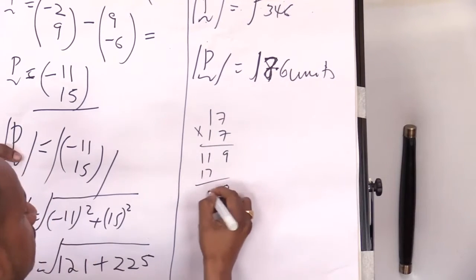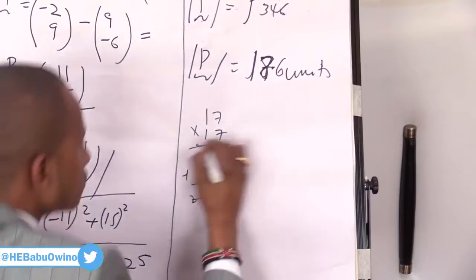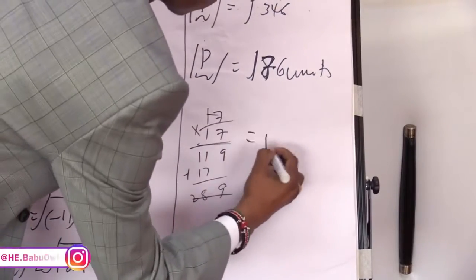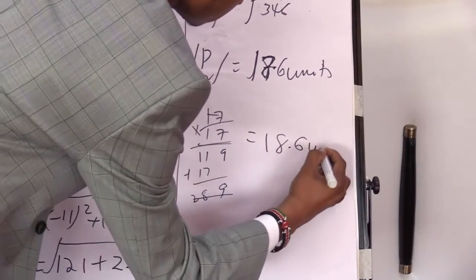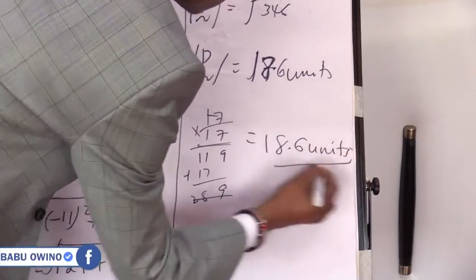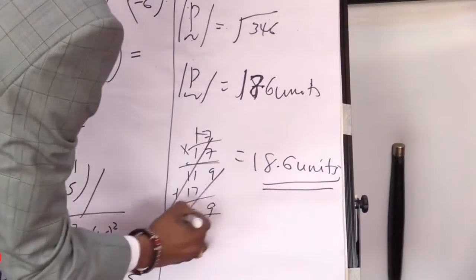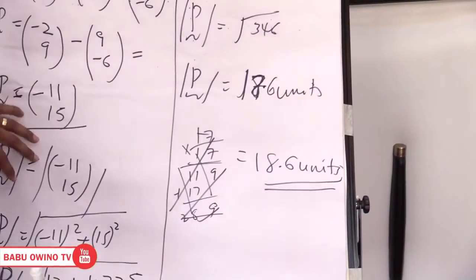This is 289. So it's not 17, but it's 18.6. Then you add units. As easy as that.